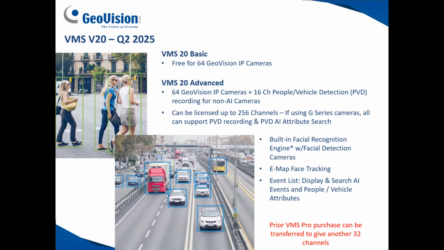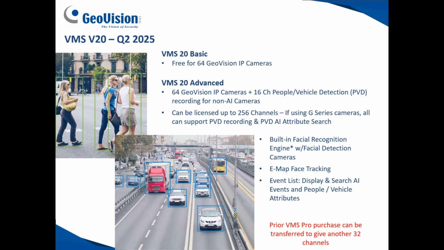For example, if you're using an older GeoVision series camera that didn't come with built-in analytics, this can at least give it 16 channels of people and vehicle detection-based recording. So you're able to filter out false motion events and truly only record on people and vehicle activity.